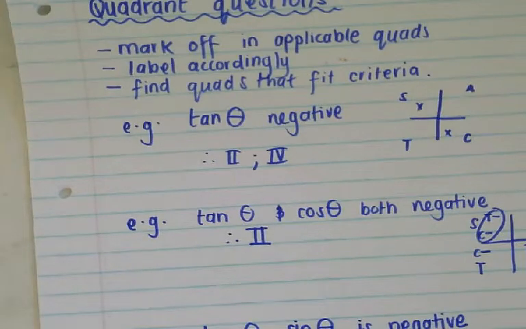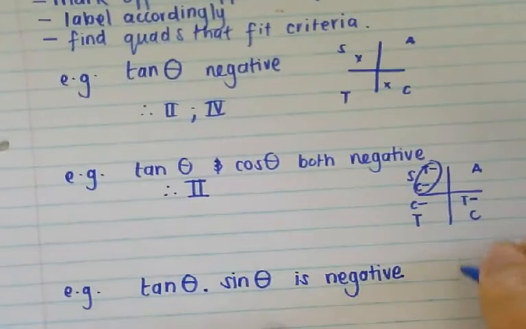Because I know that a positive and a negative times together is still negative. Okay? But now we need to look at every combination of how that can occur. It can occur when tan is positive but sine is negative, and it can occur when sine is positive and tan is negative. So what I suggest is that you do all of them.